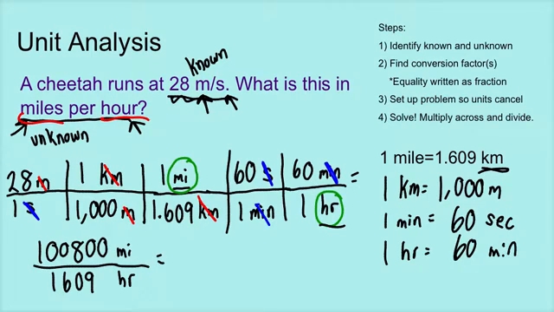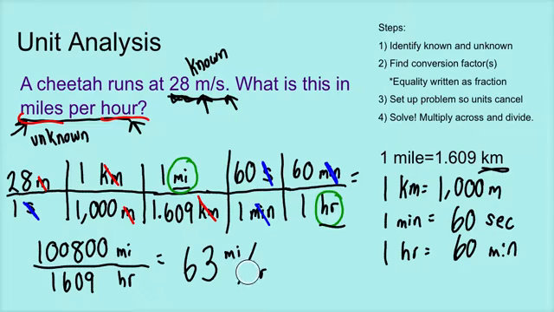And then I divide that 100,800 divided by 1,609, and we get a speed of, we only had 2 digits here, so I'm rounding it, of 63 miles per hour. Okay.